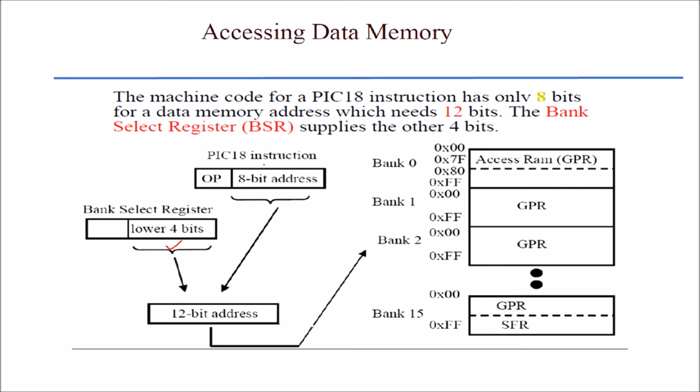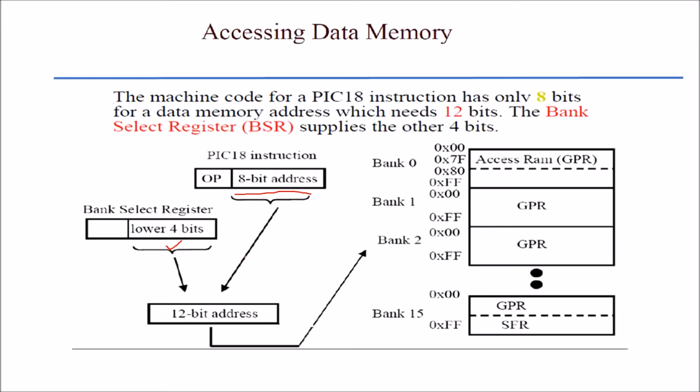So the assembly language instructions have an 8-bit part of the address of this data memory. So 8 bits come from this direct instruction. Instruction will have two parts: the opcode of the instruction, that is operational code, which is fixed for the instruction and provided by the manufacturer, and along with the opcode it has an 8-bit address part.